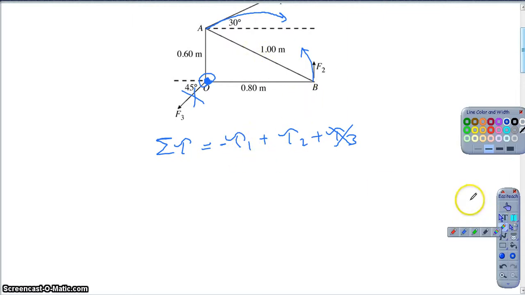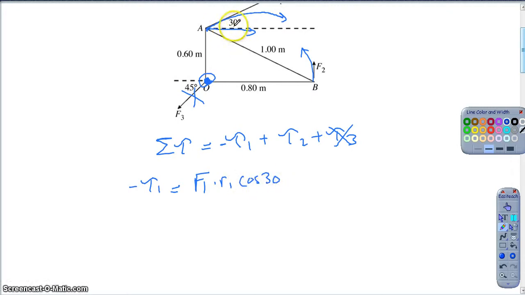Right, so to find torque 1, T1 would just come from, again, the part of the force that is perpendicular to the axis of rotation. So it's coming from force 1 times the radius, and then times, in this case, the cosine component of that angle. I know usually we use sine, but based on the 30 degrees, I would actually use the cosine component, because that would be the component of the force that is perpendicular to my lever arm.